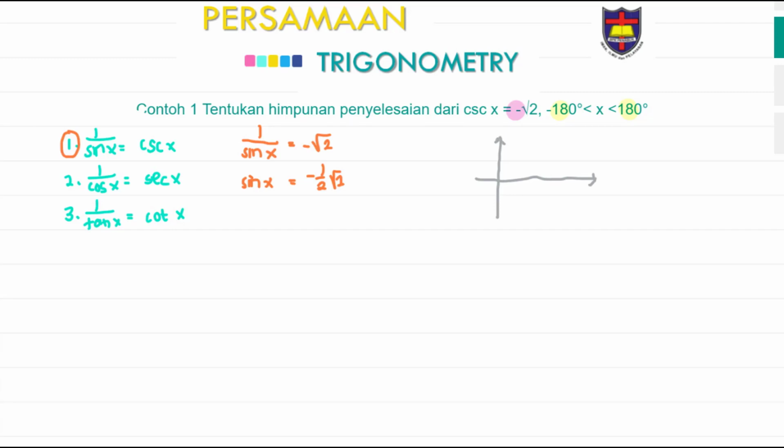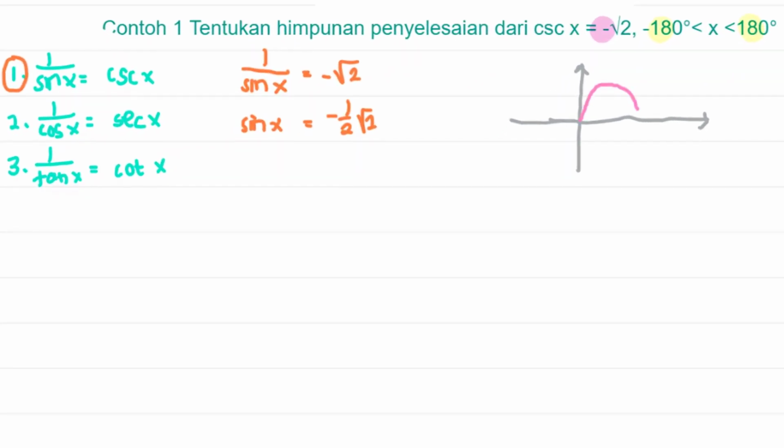Okay, then we will draw the graph of sine. If it is only up to 180 degrees, we will draw only one hill. It stops at 180, and then we continue to the left for the valley, and we stop at minus 180 degrees.